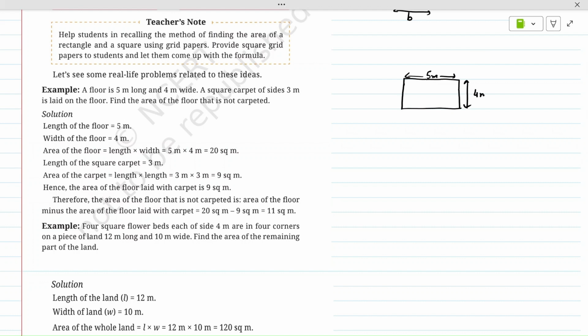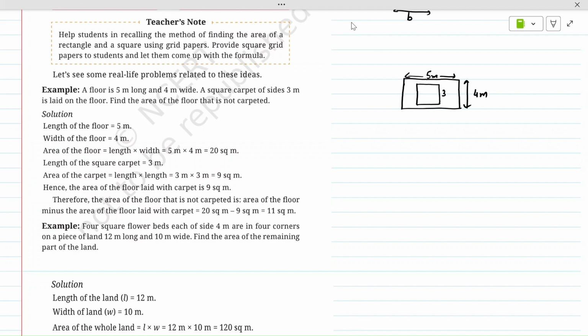This breadth is 4 meter. So we can see this is in the form of a rectangle, right? Now a square carpet of side 3 meter is laid on the floor, and we have to find the area of the floor that is not carpeted.